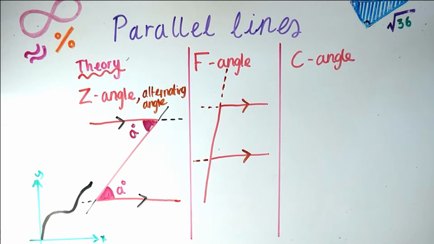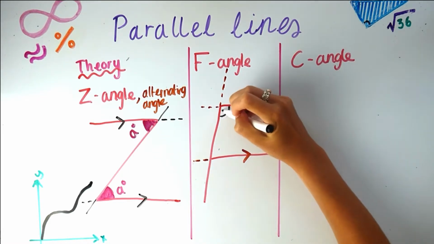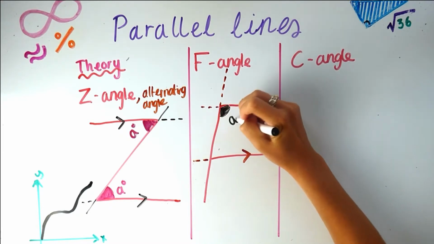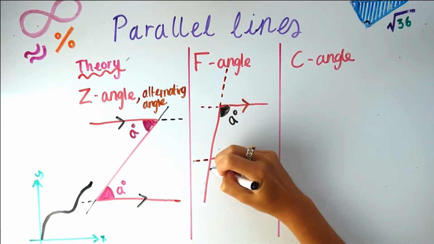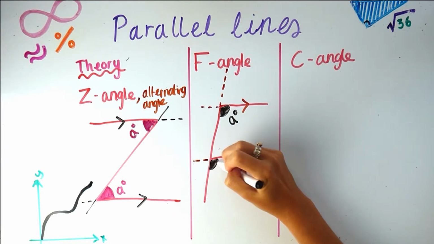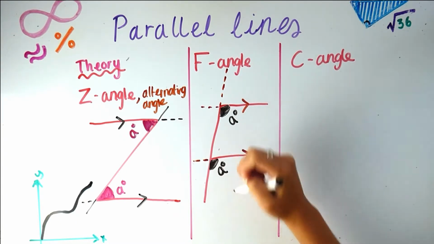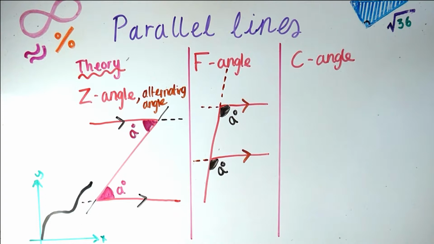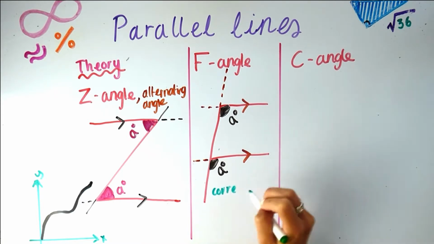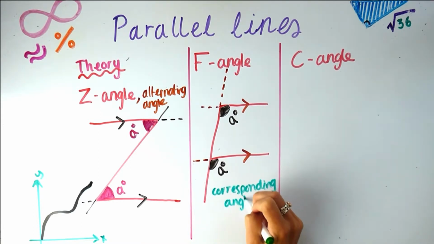So what does a fangle tell us? What useful things can we get from this? A fangle tells us this angle here, A degrees, is equal to this angle here. So if you see an F looking thing in all your parallel lines, then you can use fangle. And this is called a corresponding angle.